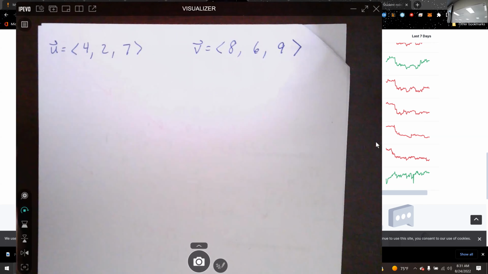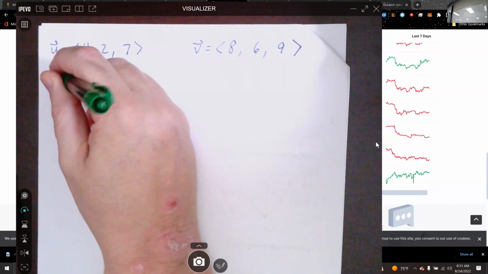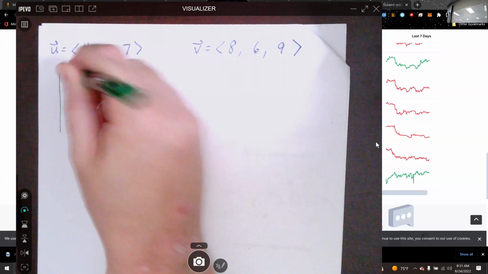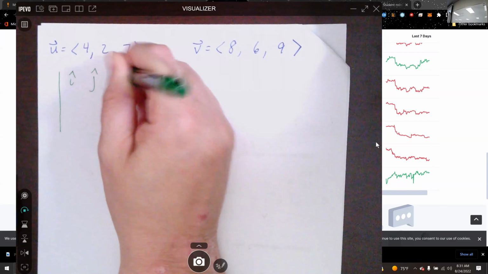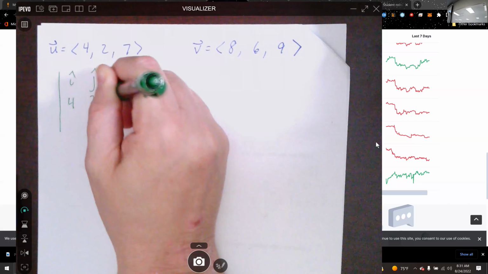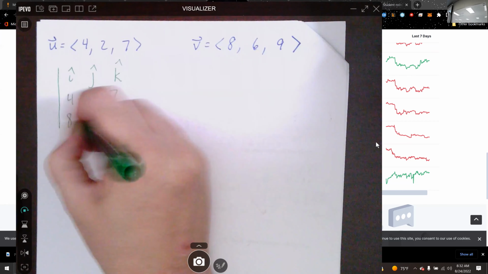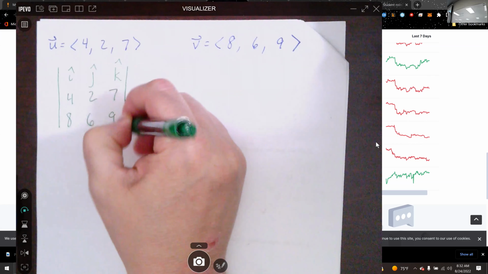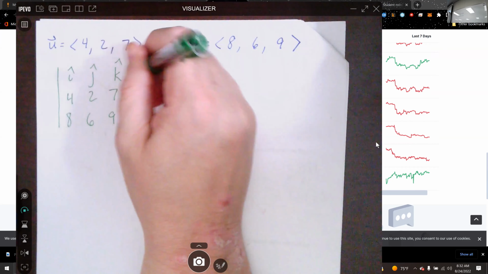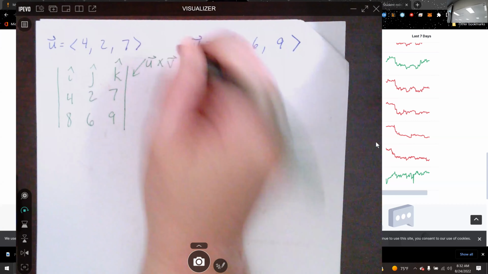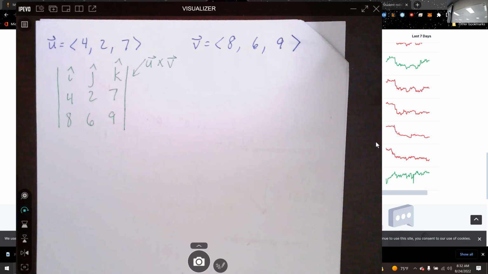Are there any questions, like how to find the cross product using matrices? Yeah, so technically matrices are linear algebra, but this is an application of it.